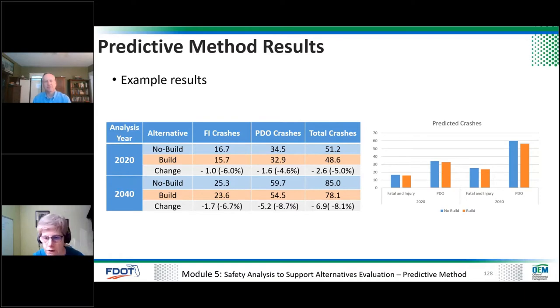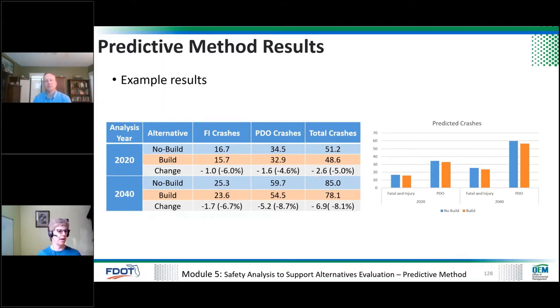So this is predicted crashes. At best, you've applied the safety performance function, the adjustment factors, and the calibration factor. If there's not a calibration factor, then you've just applied the SPFs and adjustment factors. And then I might argue that you should just report the change in crash frequency as a percentage rather than a number, but something to think about.